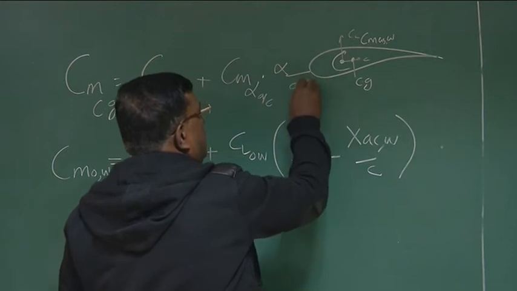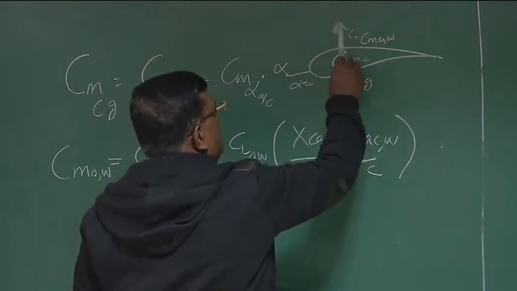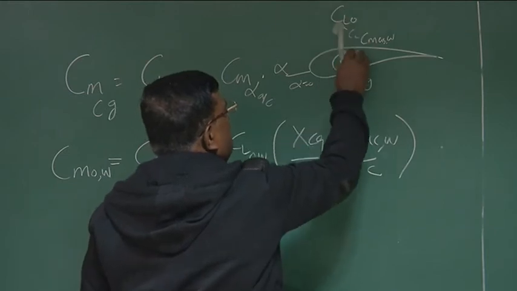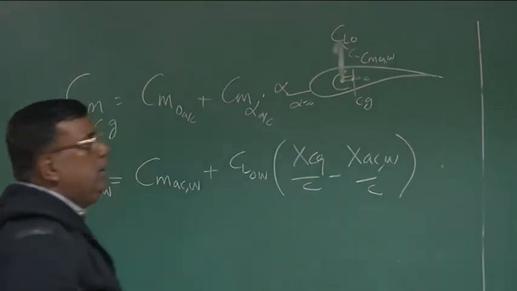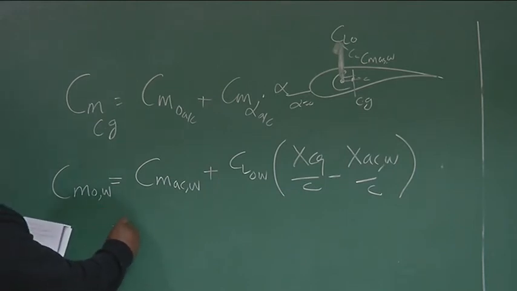So at alpha equal to 0, there is a CL. So what will happen? This is CL naught. CL naught into this distance will give you a pitch-up moment. So here is typical case. So what is CMAC wing?